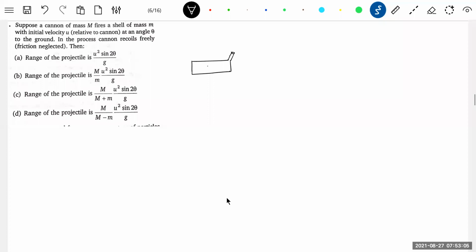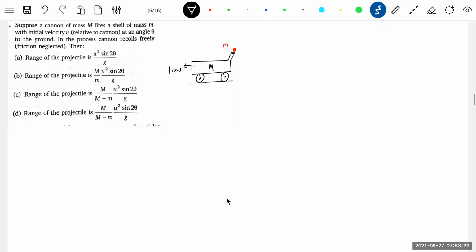This is a cannon, I'm showing it. This is M. If it is fixed here and it fires a bullet of mass small m, what will happen in that case?